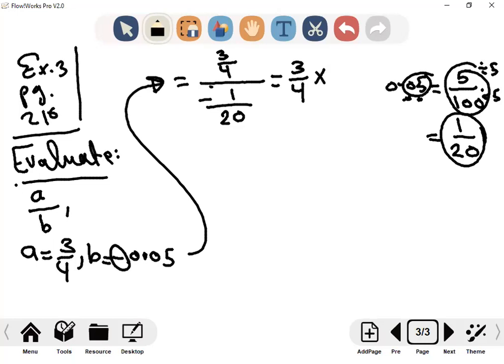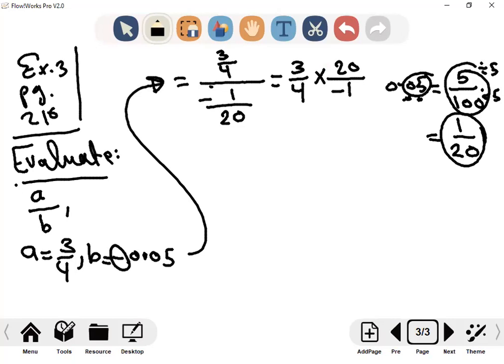Multiplication, and this is flipped, it will be 20 over. Now here the negative is down. You can put it up, it's okay. We said the negative for the fraction, you can give it up, you can give it down, you can give it for the whole. So put the negative for the 20, still the same.